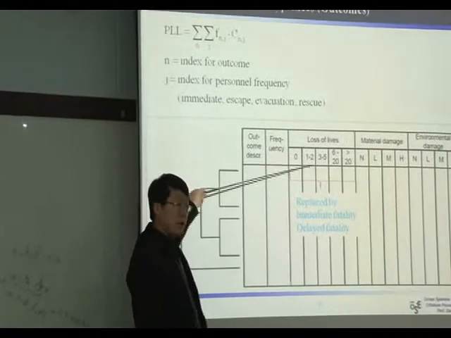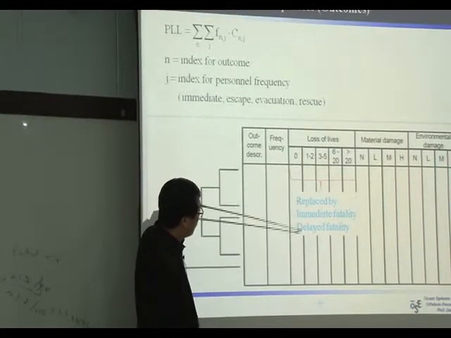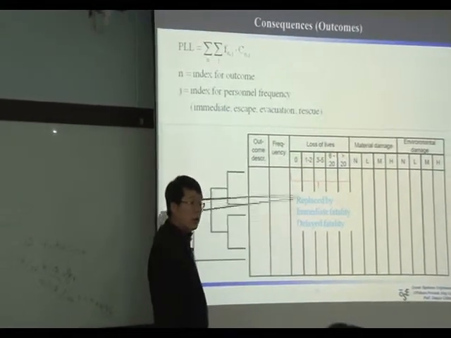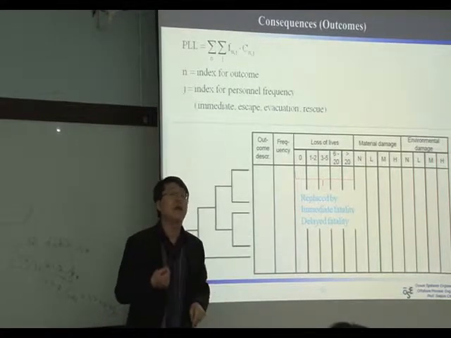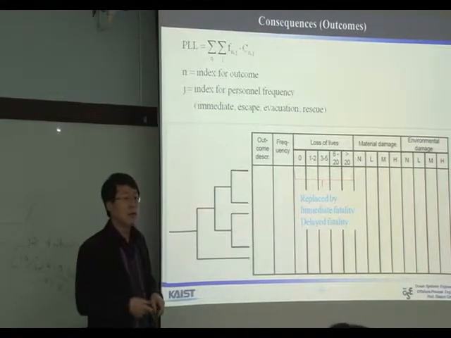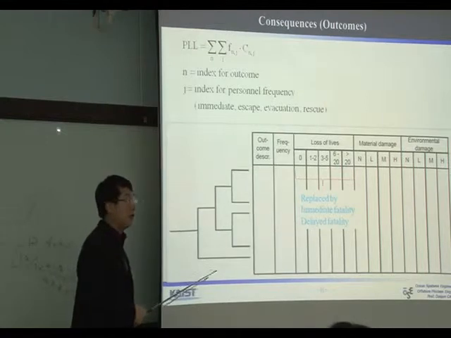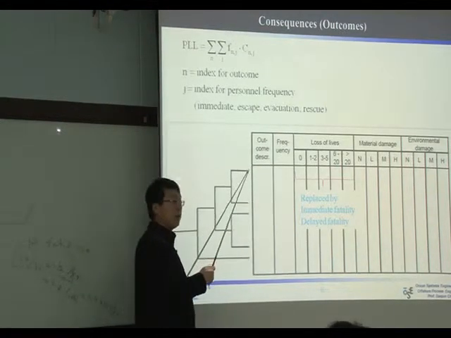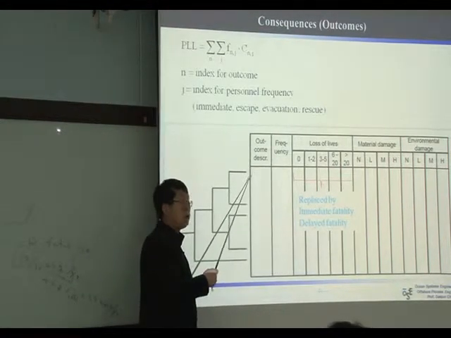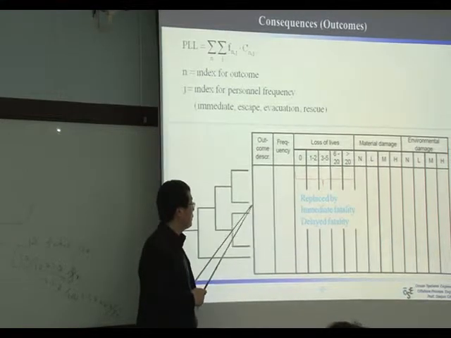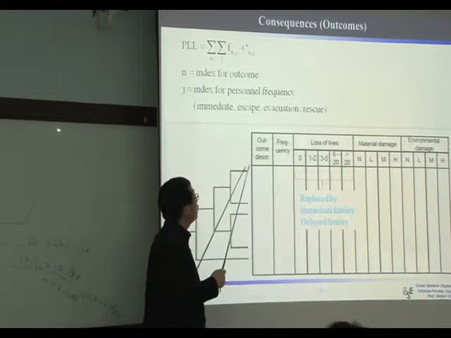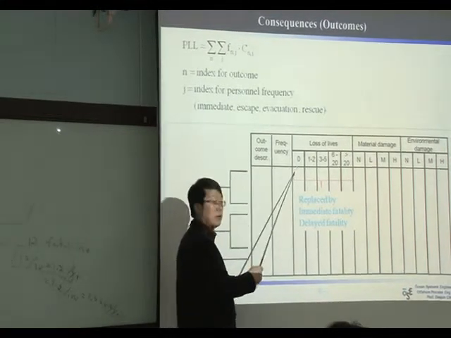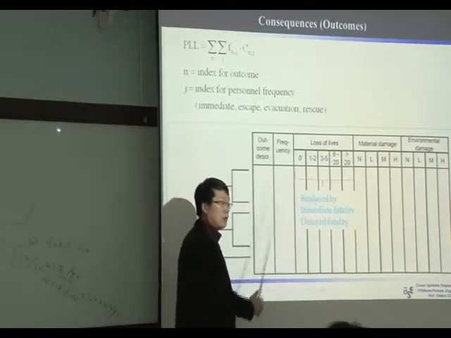So what I mean is that when it comes to safety, we need to sum up all the fatalities. So the total fatality is, we have the frequency of this accident, and this accident. And we should multiply this one and this one, this one and that one, this one, that one.